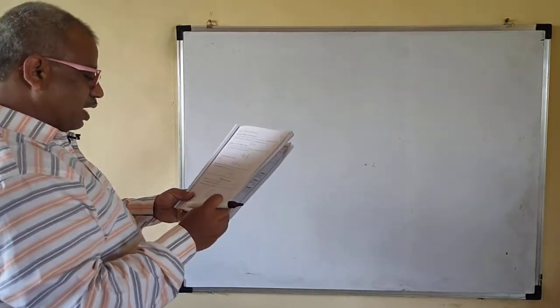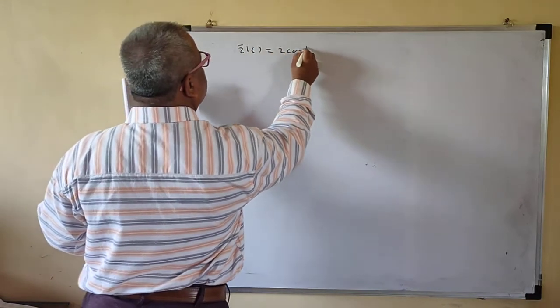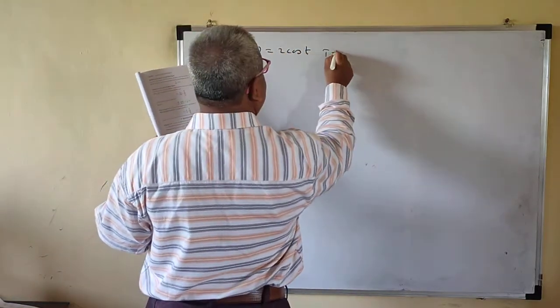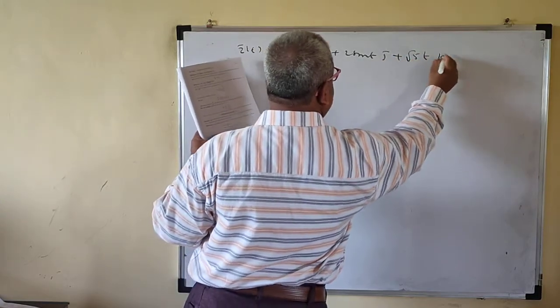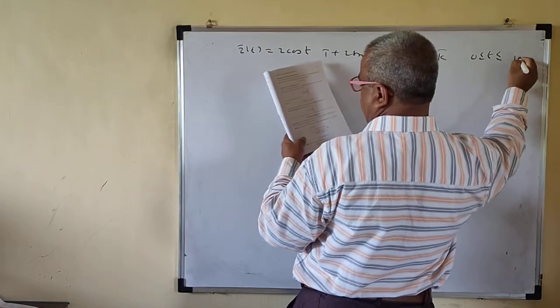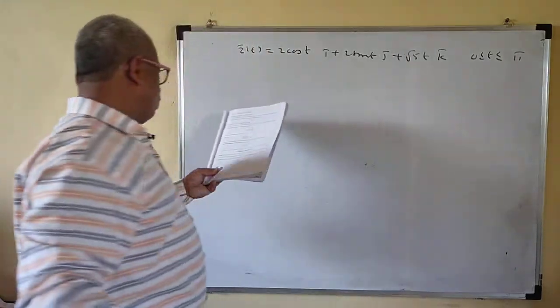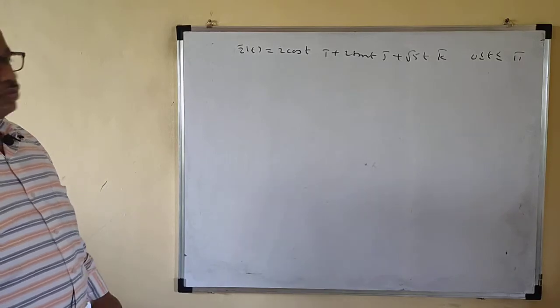Find the arc length of the curve r bar of t equals 2 cos t i bar plus 2 sin t j bar plus root 5 t k bar, with t between 0 and pi. So you first have to find the arc length.